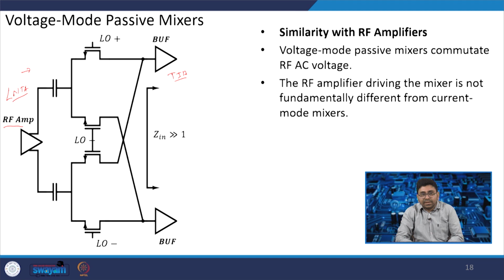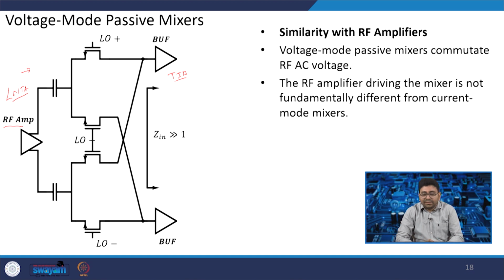Now, in the voltage mode mixer, instead of the LNTA, the input is an RF amplifier, and that is switched by the switches, and there is a buffer which has a very high input impedance. There is a big difference here between the TIA and the buffer.